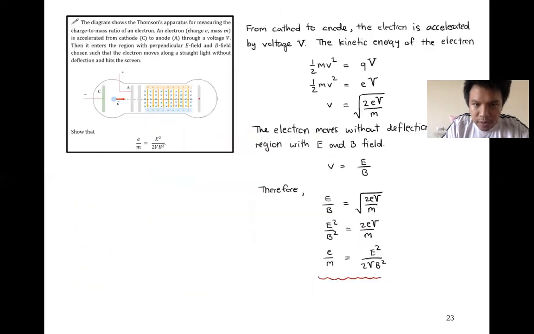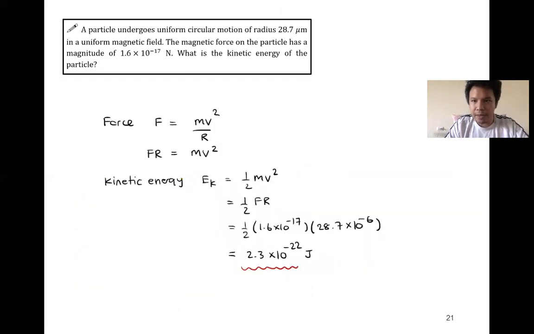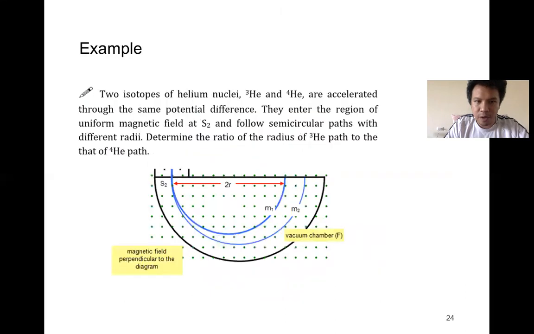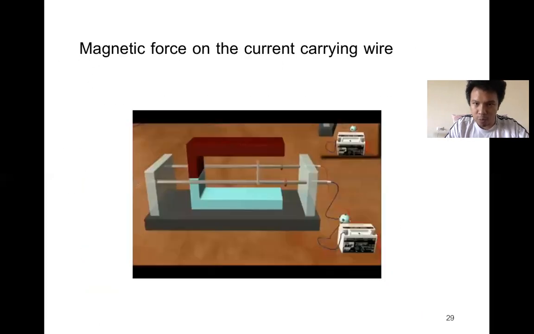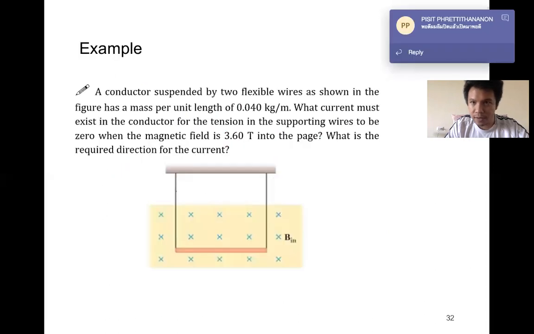If we go back to the part on charge moving in a magnetic field, we already have the magnetic field, and the magnetic field will generate force on the moving charge, or on the current.